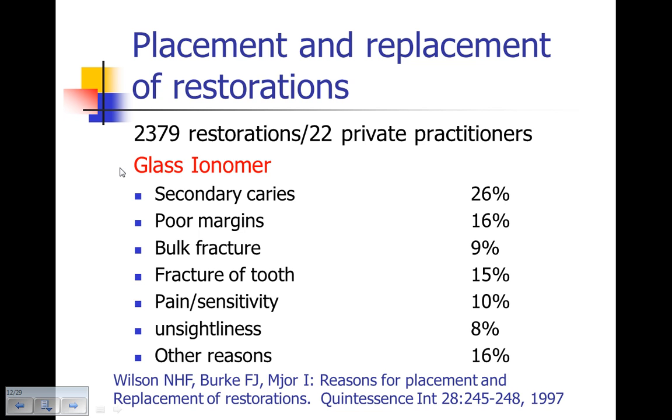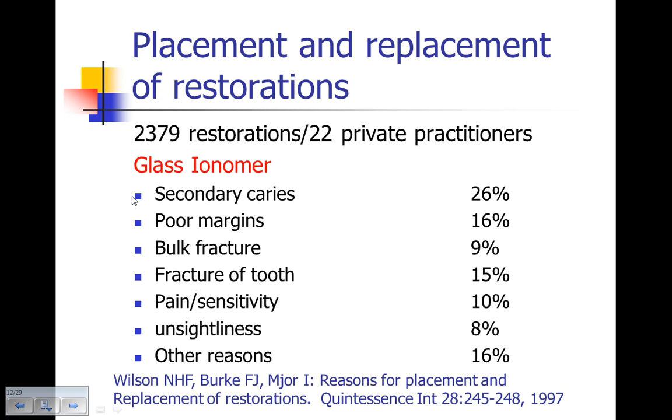But keep in mind, for all we say about glass ionomer and its fluoride release and resistance to secondary caries, when glass ionomers were replaced, secondary caries was the highest reason for replacement, 26% of the time.